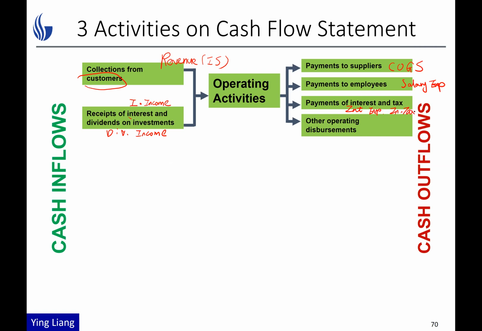You can find these items in the income statement. So really, for the first part of the cash flow statement, operating activities, you can literally check it against the income statement and compare line by line. This is also another presentation of everyday business.